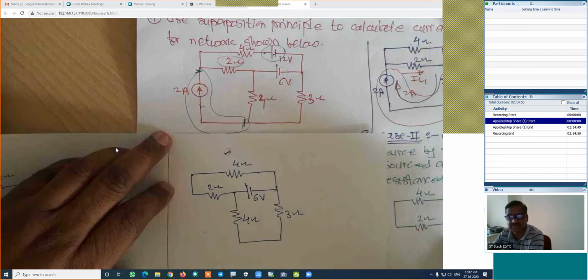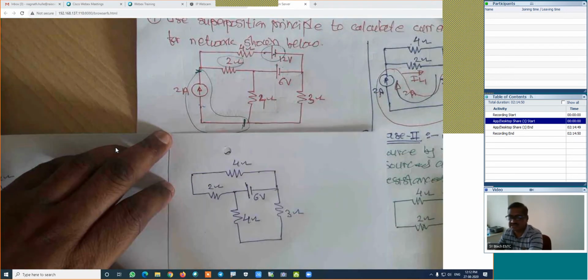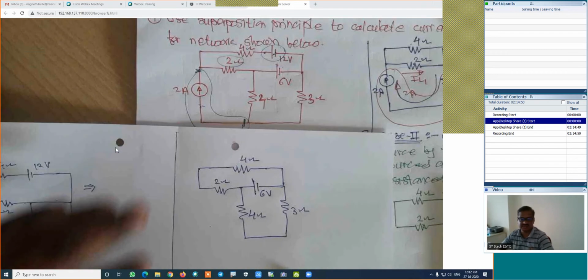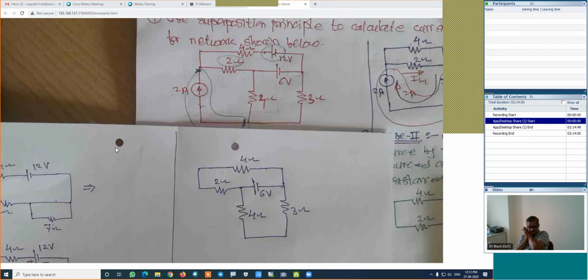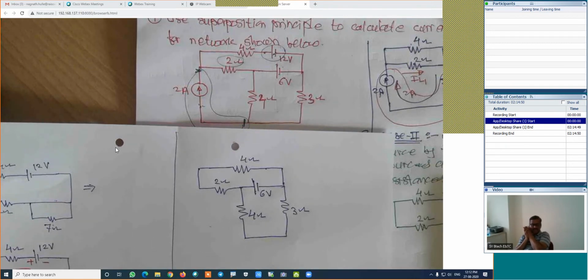Now think about the series and parallel combination of this source. इसके series और parallel combination के बारे में सोच. How will this figure be? Is it right? Now I will draw its simplified figure.